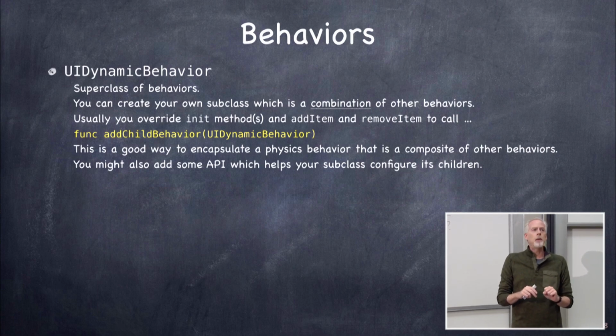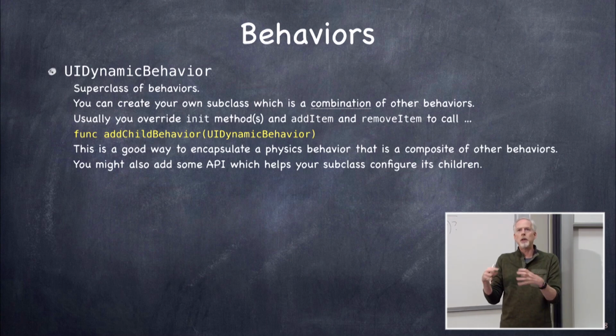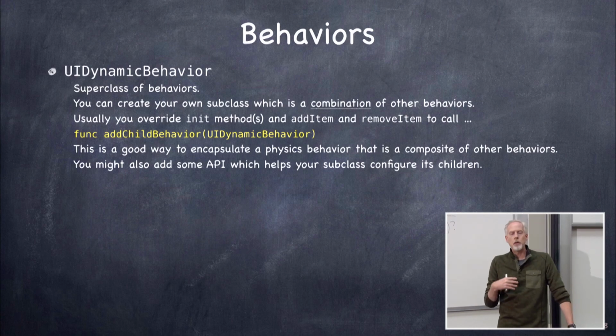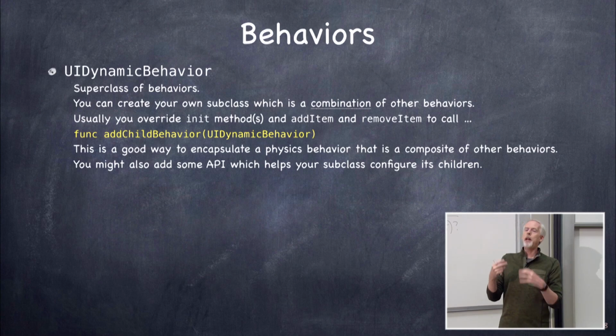What you do with UI dynamic behavior is you collect other behaviors, like collisions and gravity and all this stuff, into one behavior. So that you have one behavior that you add your items to, and it's got all these children behaviors that are making it behave in all this way. We're going to do this in the demo as well. The way you do this is you call add child behavior on yourself if you're a UI dynamic behavior subclass, and it now causes that behavior to be your behavior.